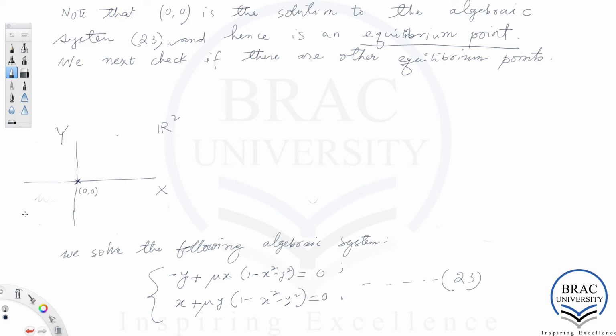Then we will check if there is any other point away from these two axes which can be an equilibrium point of the system.